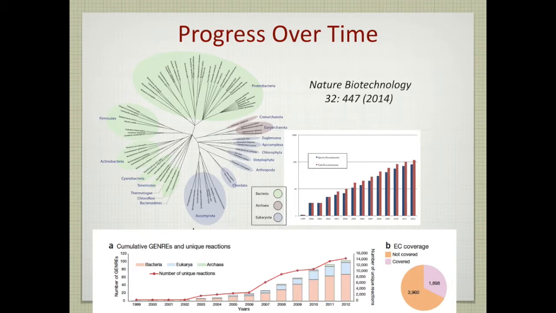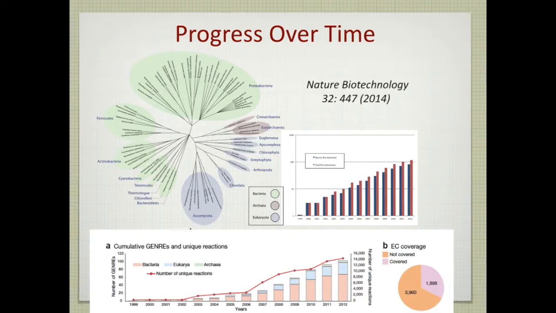And that little bar chart to the side shows what coverage of EC numbers is represented in these reconstructions, and that's about 60%. So there are still 40% of EC numbers corresponding to reactions that are not found in any reconstruction yet. So progress is being made, but there is some way to go.